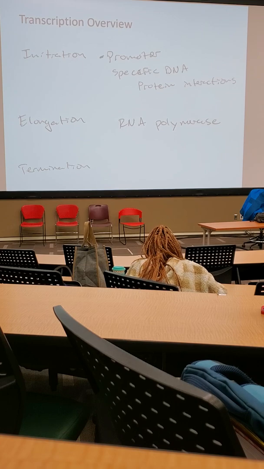So how are we going to recognize where to start? We're going to use a promoter that's going to contain some other sequences as well that are going to increase transcription. How are we going to continue building this polymer? We're going to do it through an enzyme, RNA polymerase. How are we going to finish? How did we finish DNA replication?